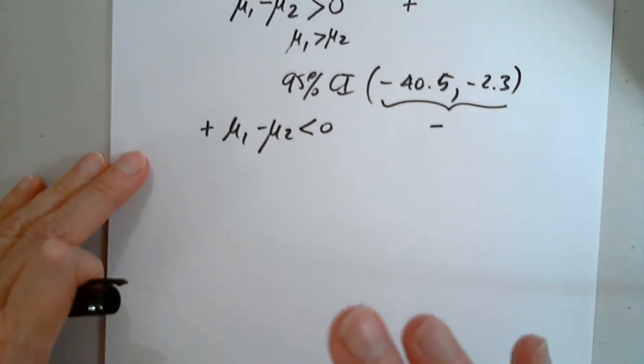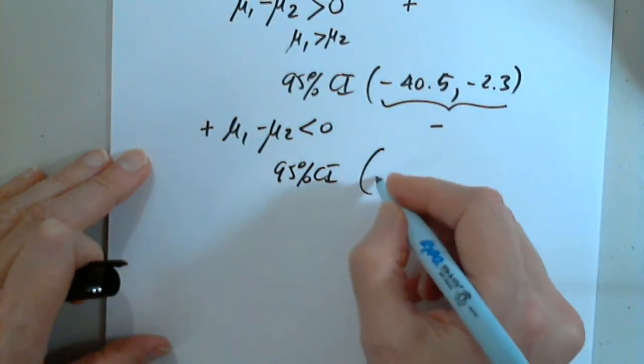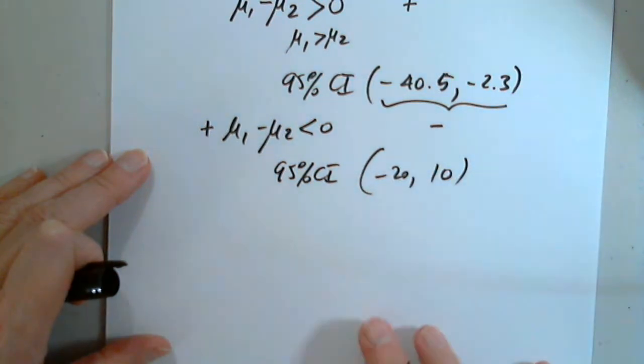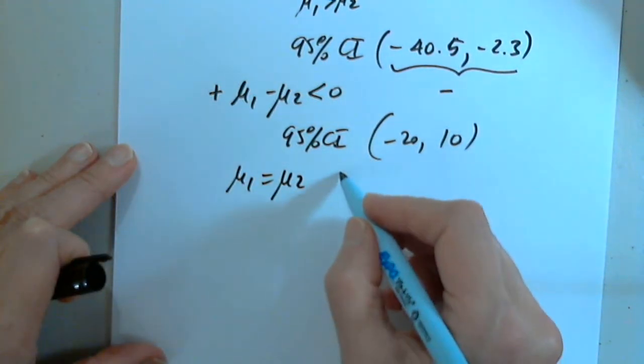What happens in another last option? Let's say a 95% confidence interval is between negative 20 and positive 10. Then mu1 equals mu2 cannot be rejected.